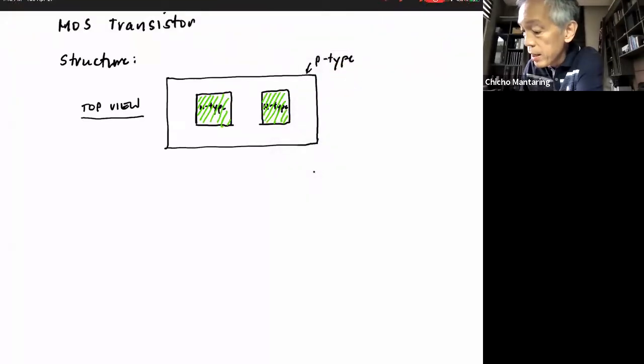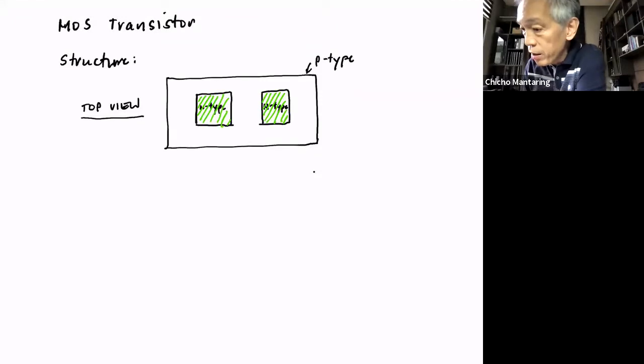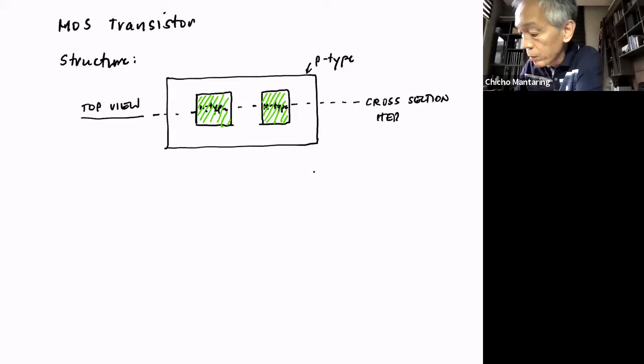Okay, let me draw a cross section here. So I'll get a cross section. A cross section here. Okay. What will that look like? So this is my material.